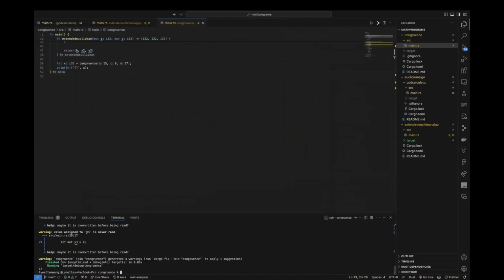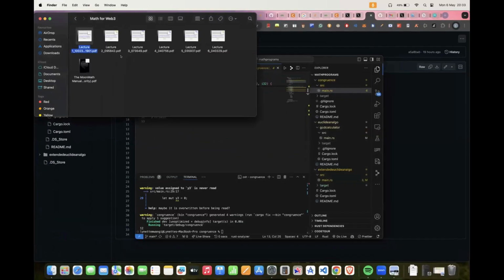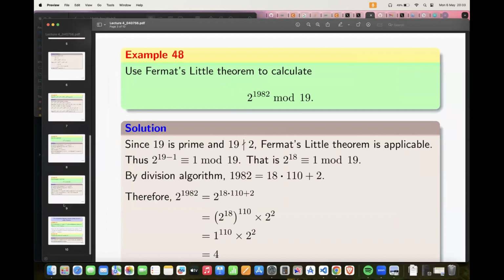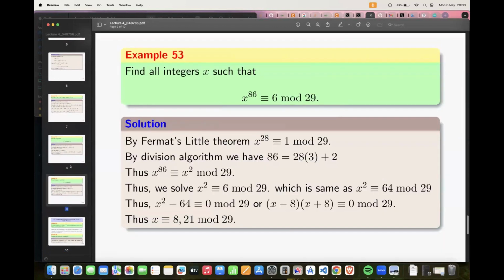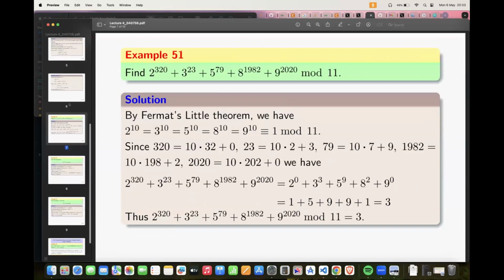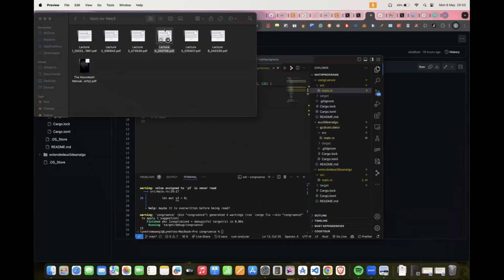Yeah, 12. Let me check the notes. Okay, I can't remember which lecture it's in.